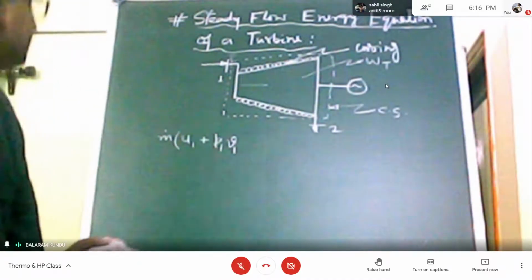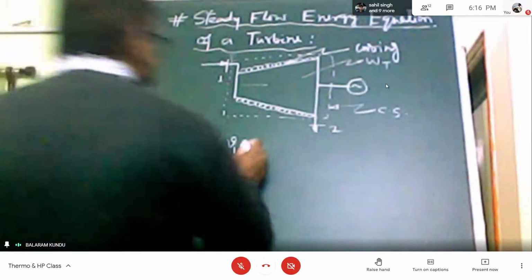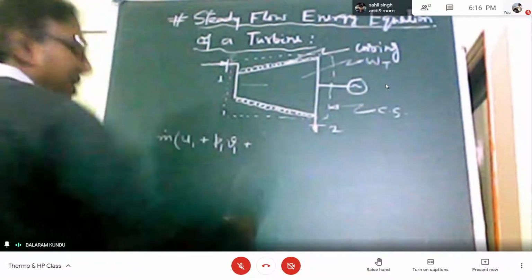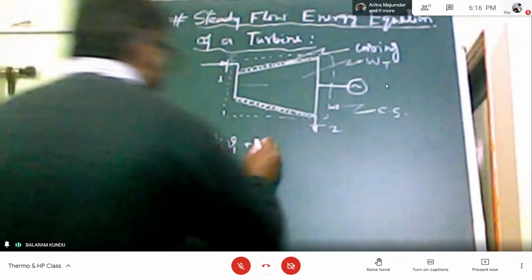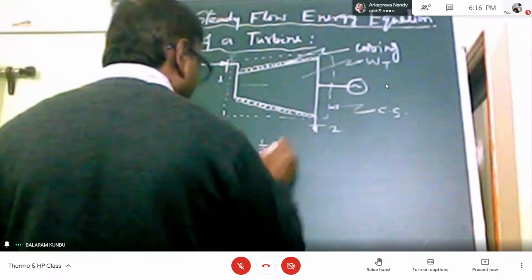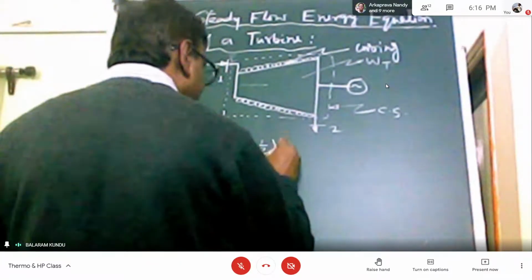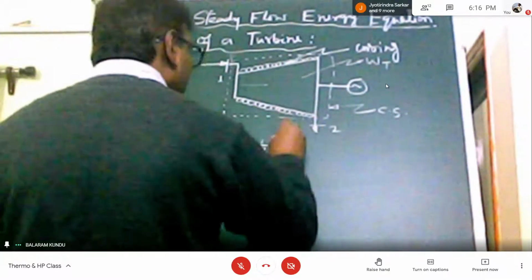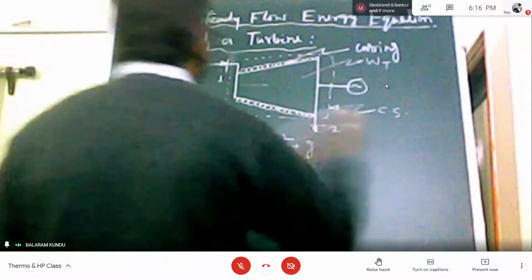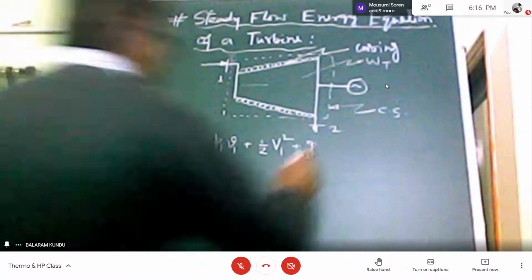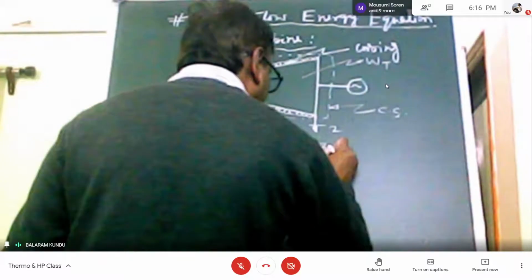So U1 plus P1 V1, plus initially the kinetic energy and potential energy: half of the inlet velocity V1 squared, plus g Z1 at the inlet.